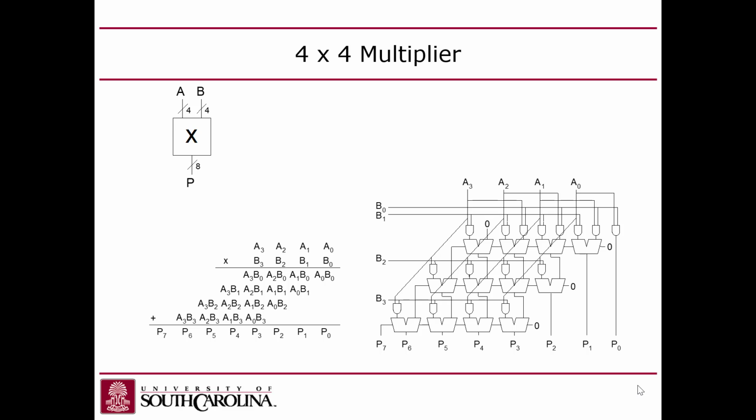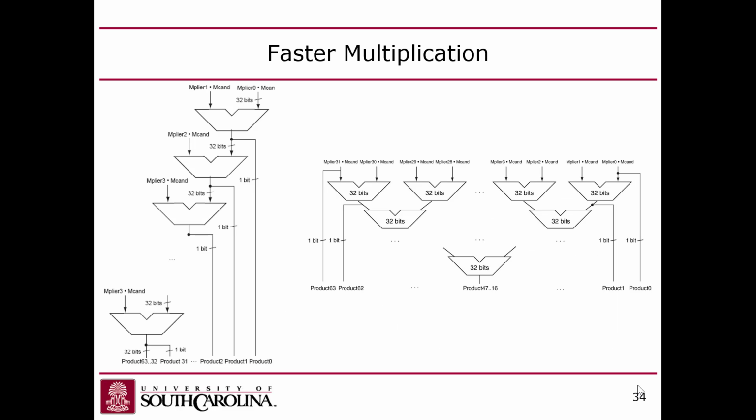Okay. Now, the problem with this design, as you might imagine, is the more bits you add, the more full adders you have to go through vertically. And thus the propagation delay increases directly proportionally to the number of bits. But you can solve that by creating an adder tree. And this actually isn't in the textbook.